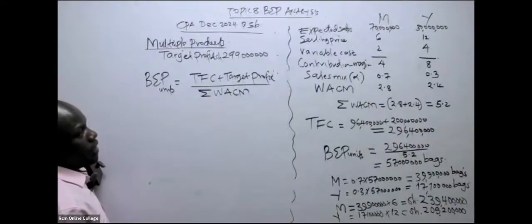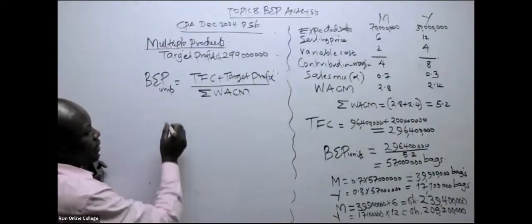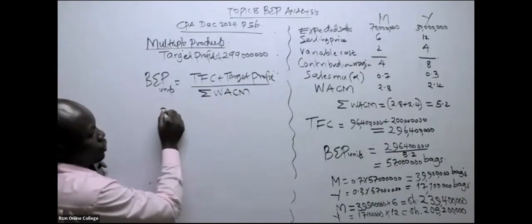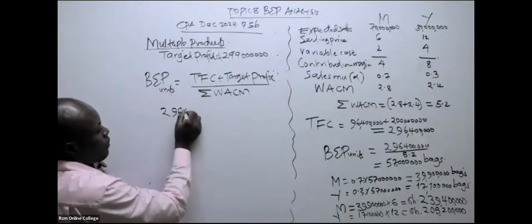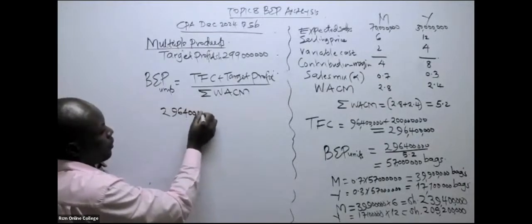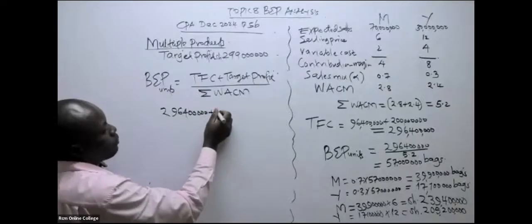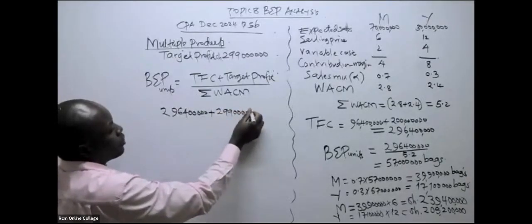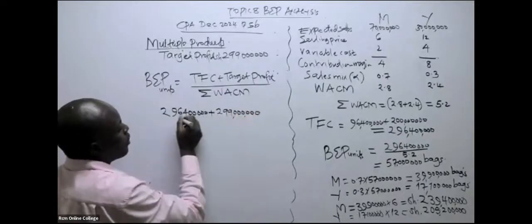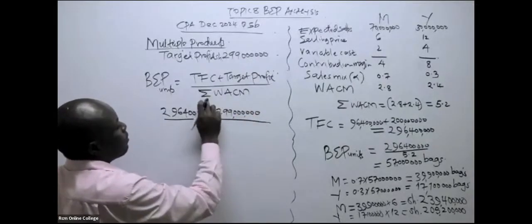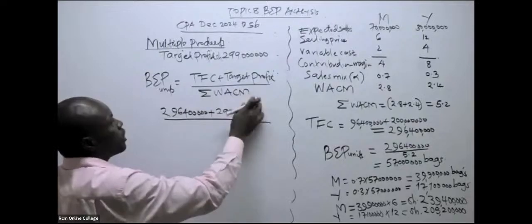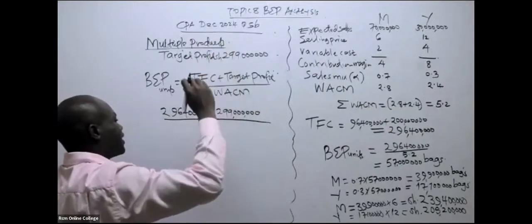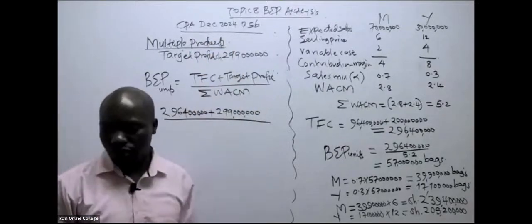So do we have total fixed cost? Yes, we have 296,400,000 plus target profit of 299 million. We divide by the summation of weighted average contribution margin under the current sales mix ratio.